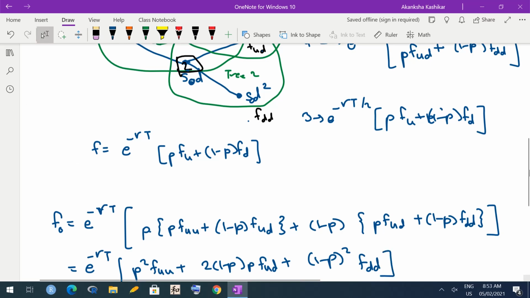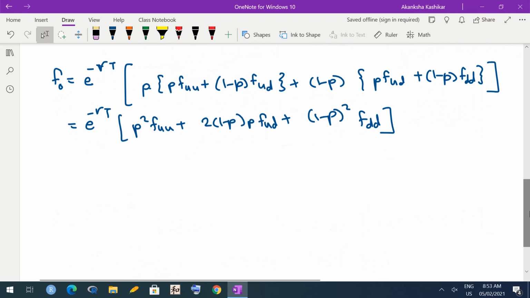Okay, so we know these are simply the coefficients here: P square, 2P into 1 minus P and 1 minus P whole square. They are again coming from binomial expansion. Okay. So I think from here you can try to now generalize for any k-step model. Okay. So that is also a homework.